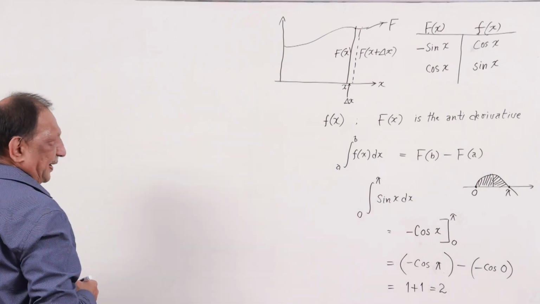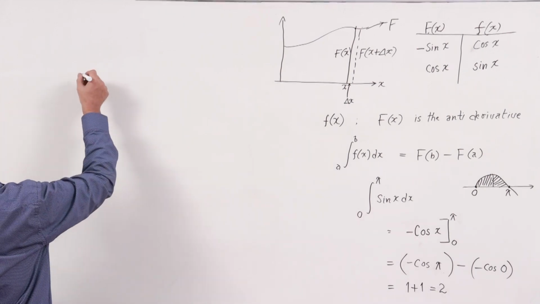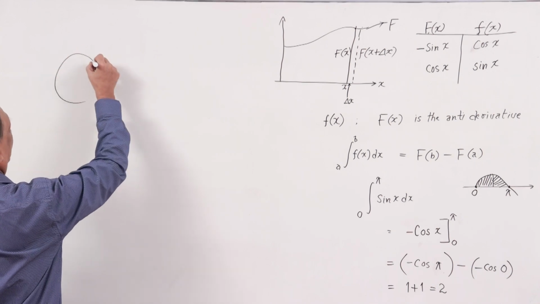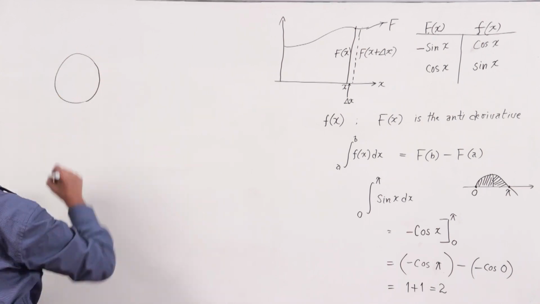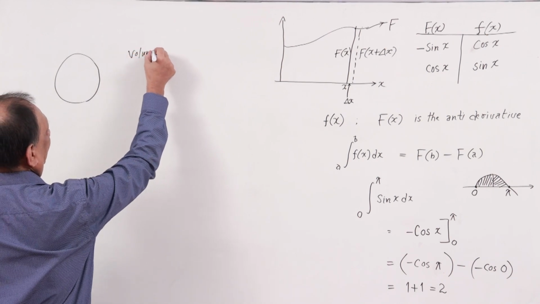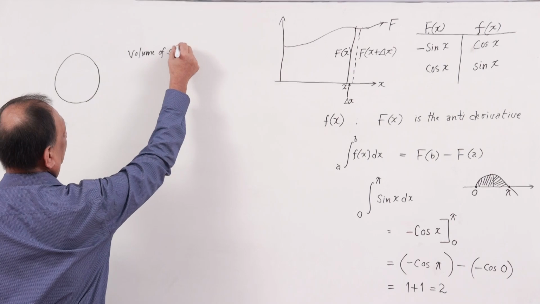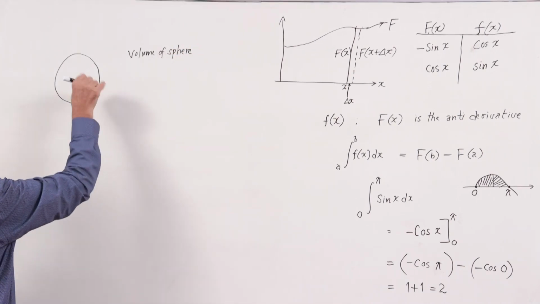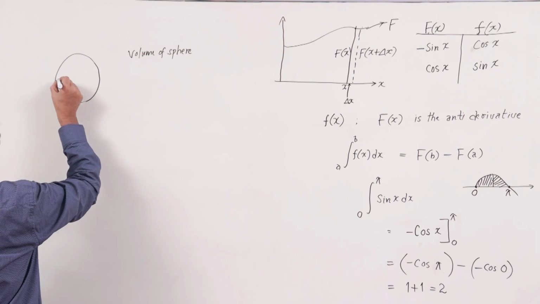Okay. Now for an example, we'll take a sphere. Volume of a sphere, simple. A very simple, geometric example. So I got a sphere, I am interested in finding the volume.